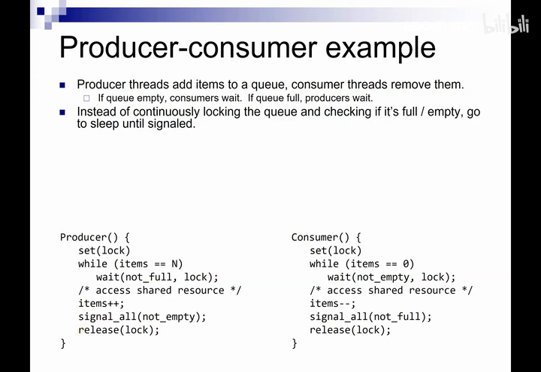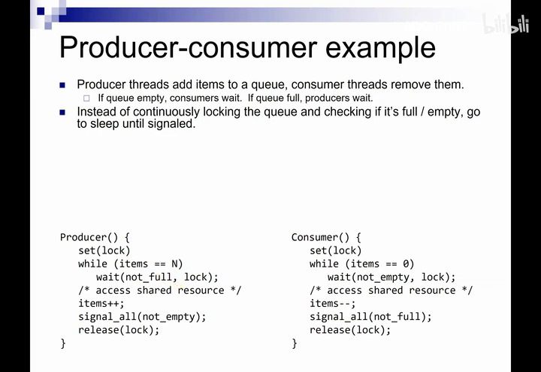On the other hand, if when the producer was trying to put an item into the queue it was already full, so items equals n, then the producer needs to wait in order to put his item into the queue. He needs to wait until the signal that the queue is not full anymore. So he's waiting on the signal.